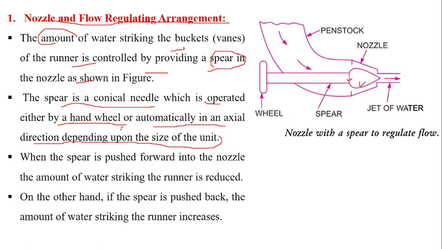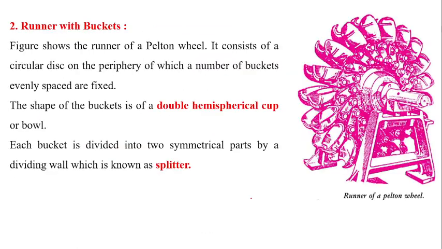If you can handle it by hand, we operate by hand, or else we fix an automatic mechanism. When the spear is pushed forward, the water flow is reduced. If we pull the spear backwards, the water striking the runner increases.